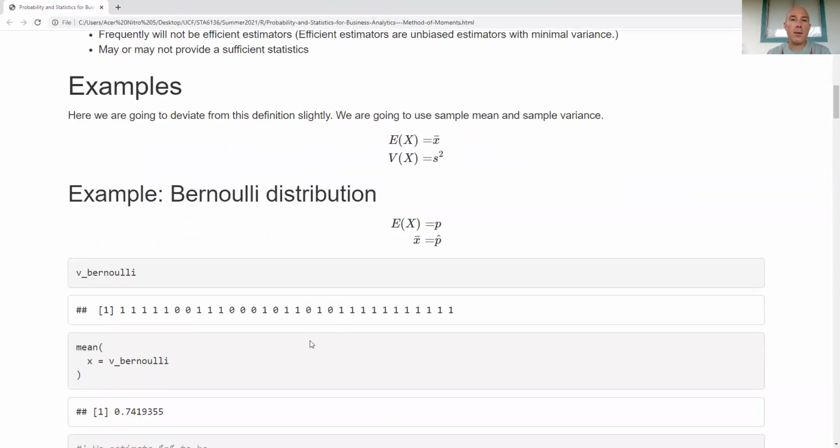I'm going to do things a little bit differently than actual method of moments. Instead of doing method of moments as I presented a moment ago, I'm going to say that the variance is what we're going to work with. I'm going to take the variance and set it equal to the sample variance, and expected value of x equals x bar.